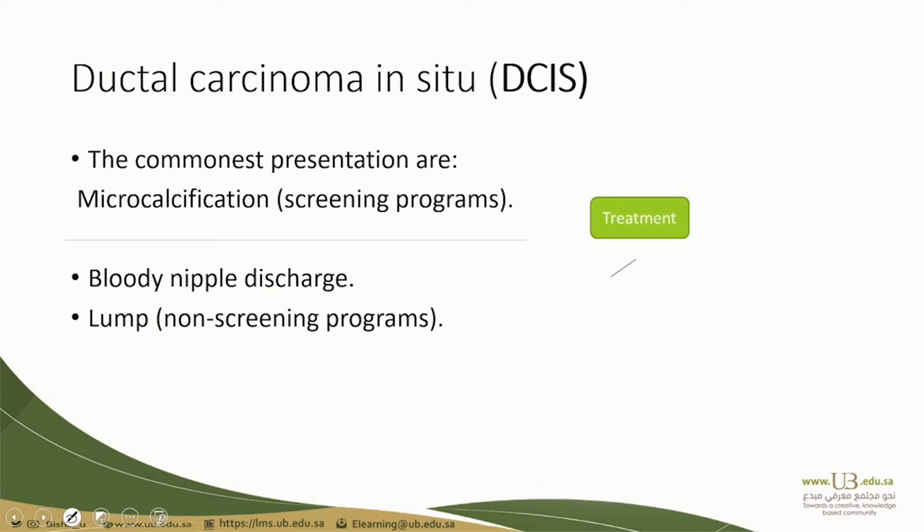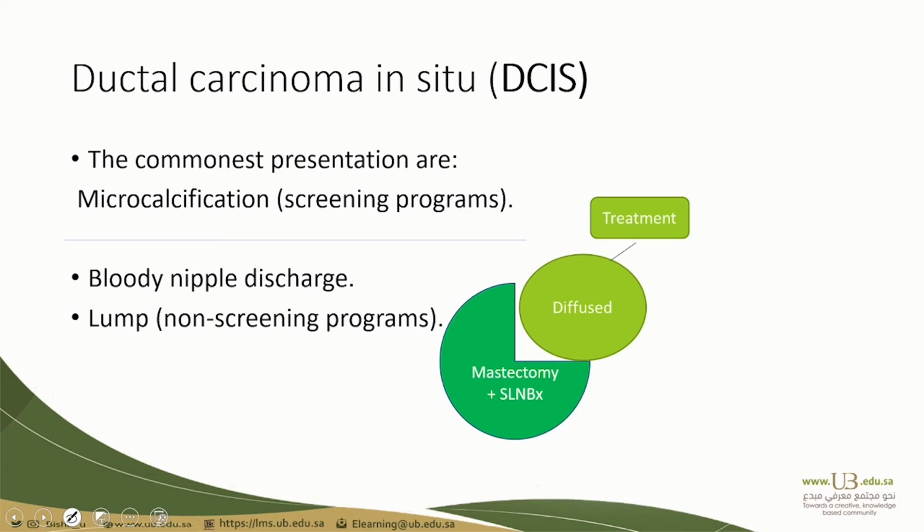So the treatment for DCIS depends on whether it is diffuse. If it is diffuse, then we'll do mastectomy and sentinel lymph node biopsy. And why shall we do sentinel lymph node biopsy while it is DCIS? Because upgrading of the DCIS reaches, in some studies, more than 50% of cases.